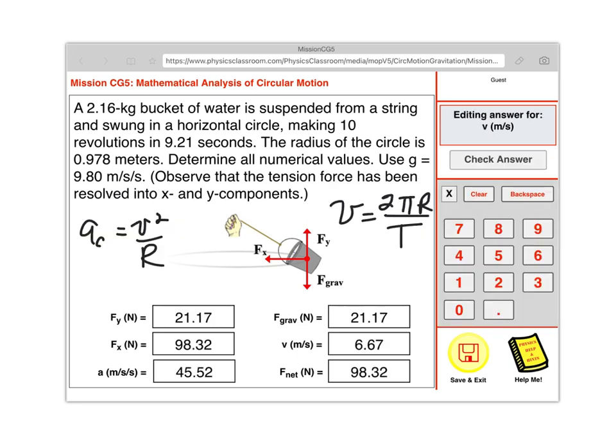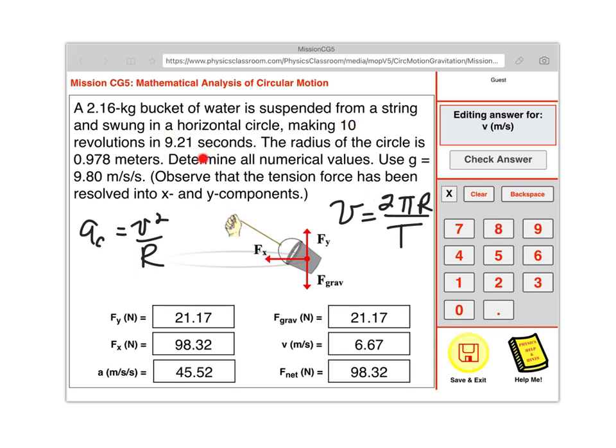Okay, a lot of calculations here. So take the mass, multiply by g, get the gravity force. The y force has to be equal and opposite. There's no acceleration this way, only this way. And to get the acceleration, we need the velocity. So the circumference of the circle, 2 pi times r, divided by the time for one rotation.